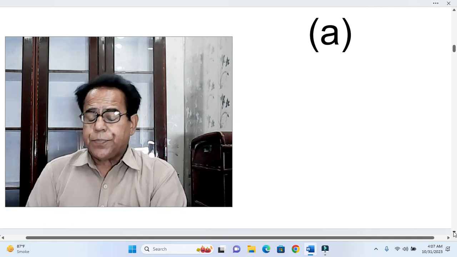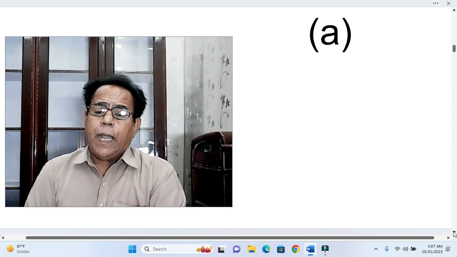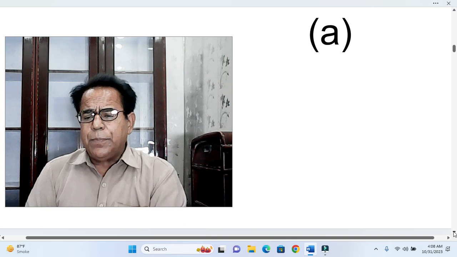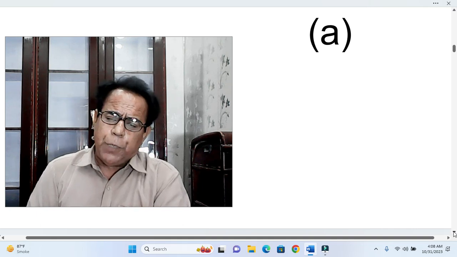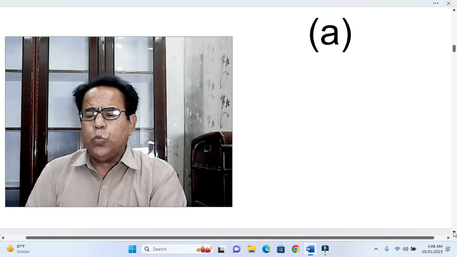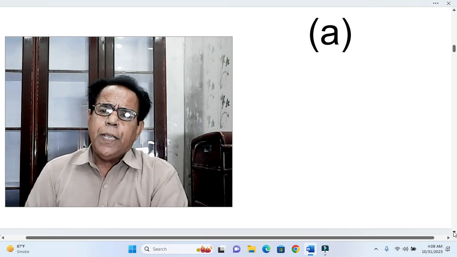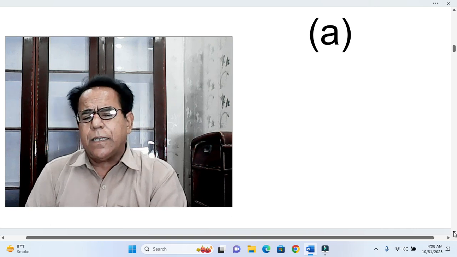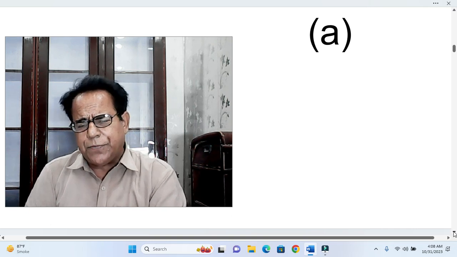Then I took that material again, copy-pasted it from Word into MathType, made relevant changes, and shifted it back to Word.